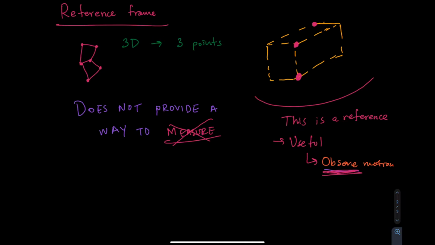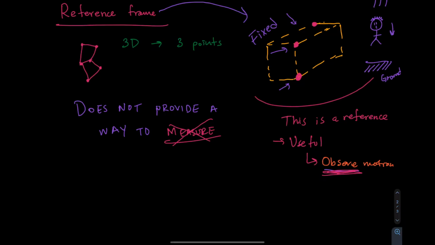If I have, for example, a little guy over here, and you take those 3 dots as your reference, assuming these dots are fixed in this example, you would know that this guy is definitely moving and will hit the ground if it keeps moving that way. But you are only able to draw that conclusion because you have a reference frame defined over here.